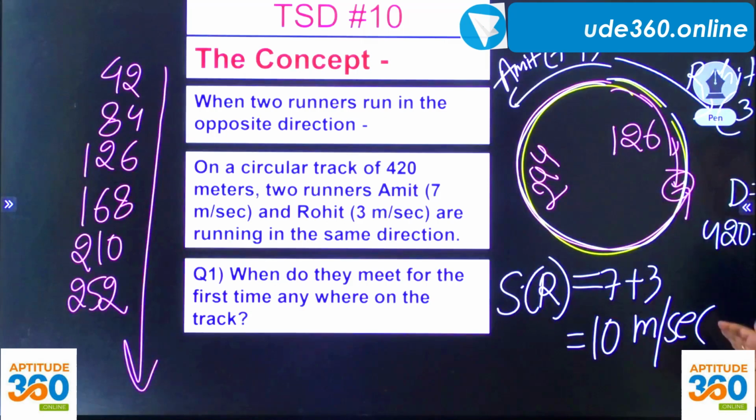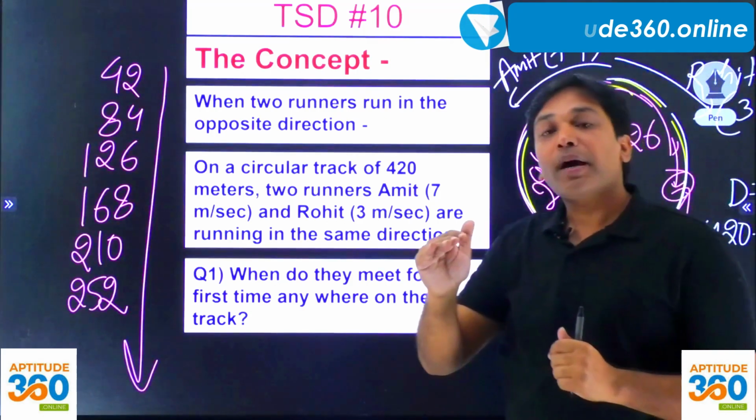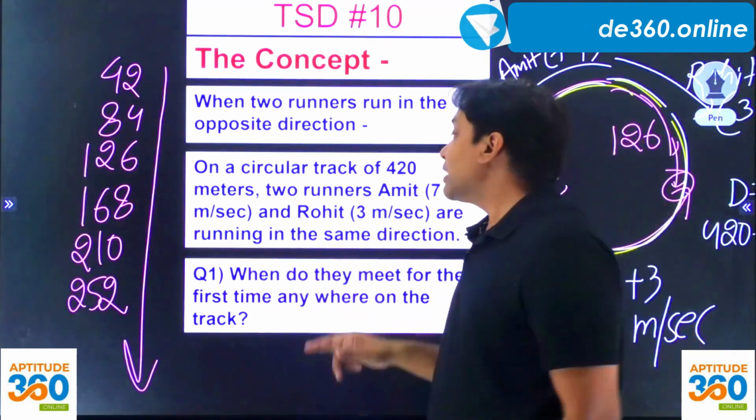It has to be nothing but circumference divided by relative speed. Simple.